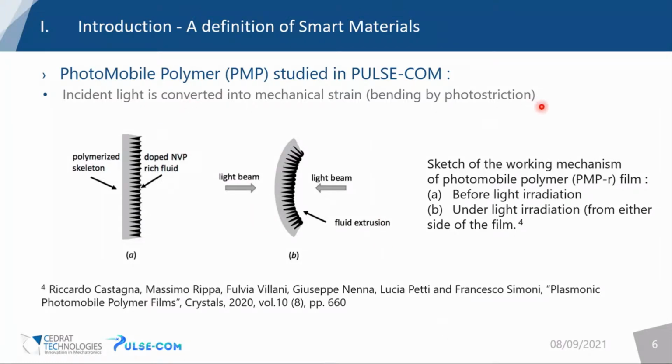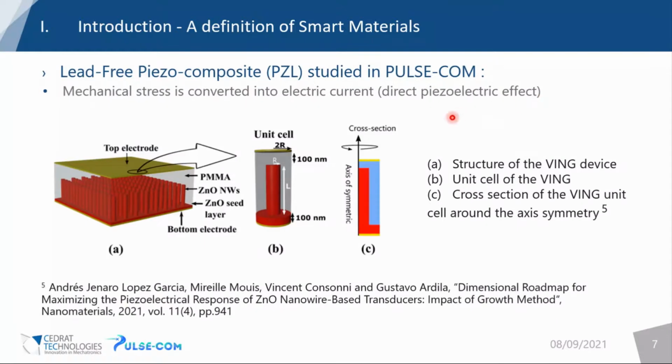It is called photostriction. And with this, we intend to use the direct piezoelectric effect, meaning we will convert the mechanical stress induced by the mechanical strain of the PMP to electric current. Again, you can have more information on the website of PulseCom with this publication from UGA.